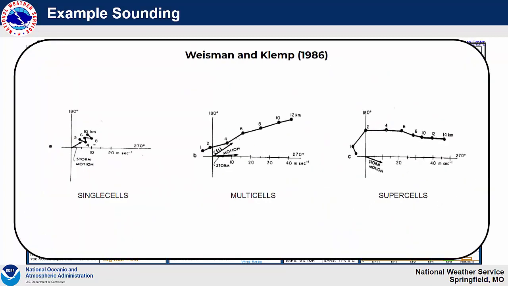For example, this study was from Weisman and Klemp in 1986, and they found that when we have a very disorganized, very chaotic looking hodograph, that typically represents single cells or typical summertime pulse thunderstorms. They saw that when we have a straight line hodograph, like the middle image here, that typically represents the potential for multi-cell thunderstorms. And then lastly, when we have a curved hodograph, that can typically represent supercell thunderstorms.